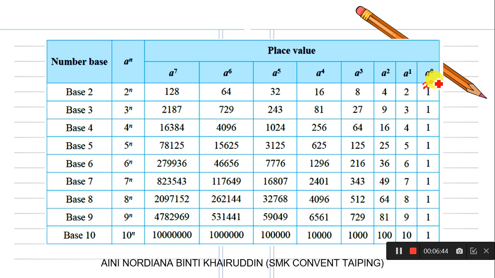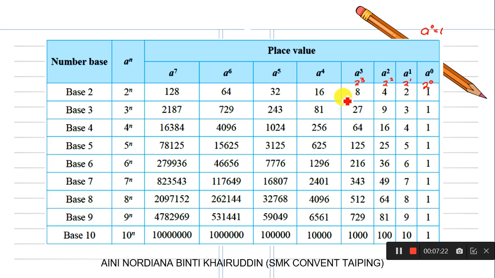This one you have learned since you were in Form 3. In Form 3, you learned this in Chapter 1, Indices. Any number with power 0 is equal to 1. So 2 to the power of 0 equals 1. This one is 2 to the power of 1, 2 to the power of 2, 2 to the power of 3, and so on.